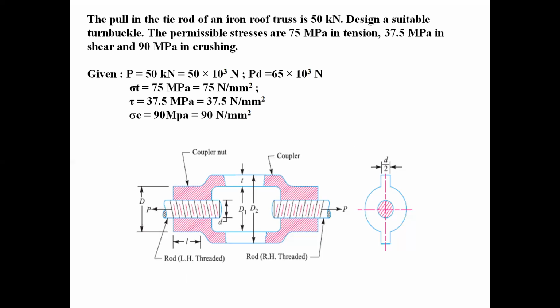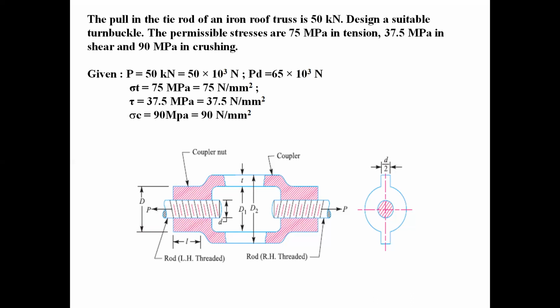Small d is the rod diameter, but it is a threaded portion, so the threaded portion has two dimensions: one is the core diameter and another is the outer or nominal diameter. So let us design this so that we can find these dimensions.